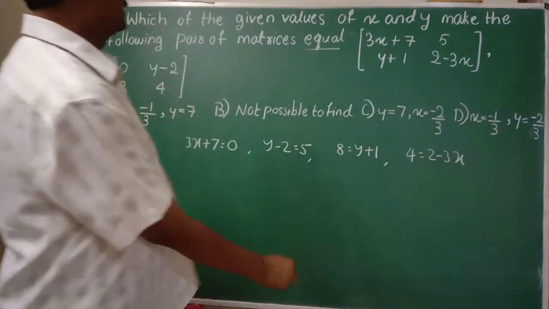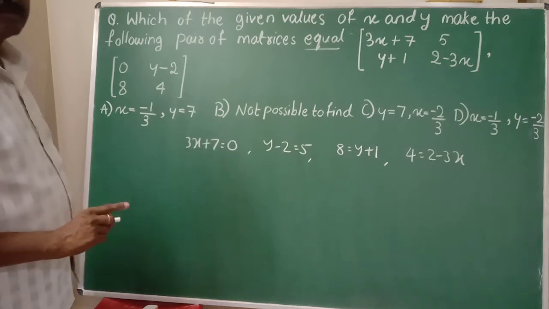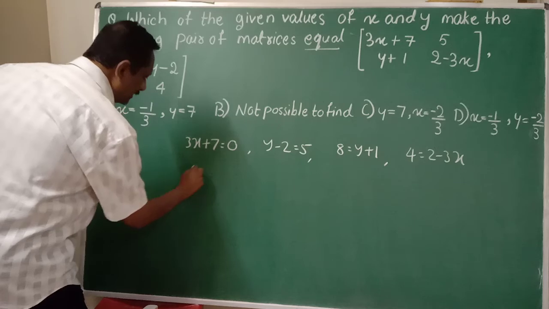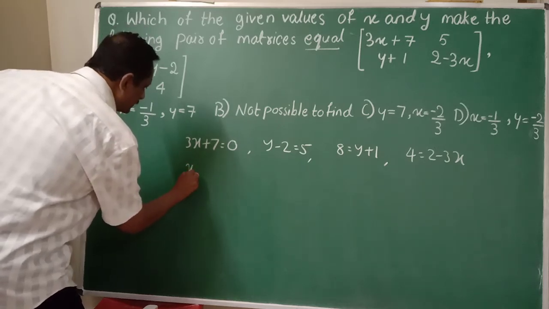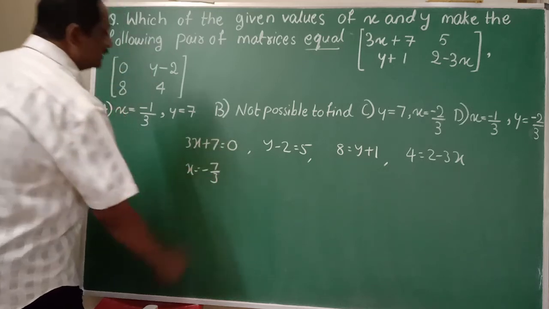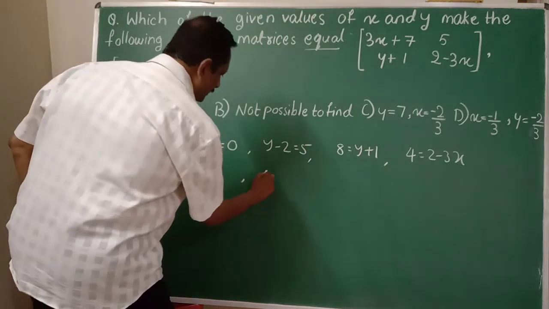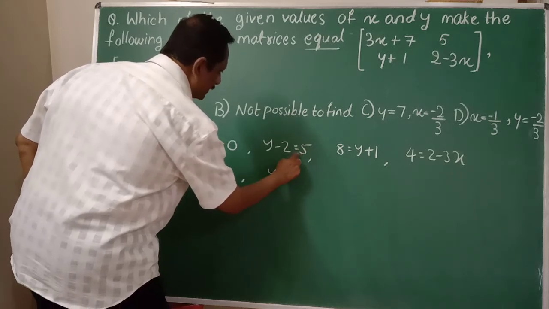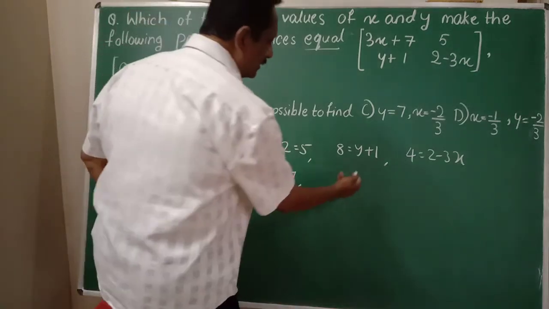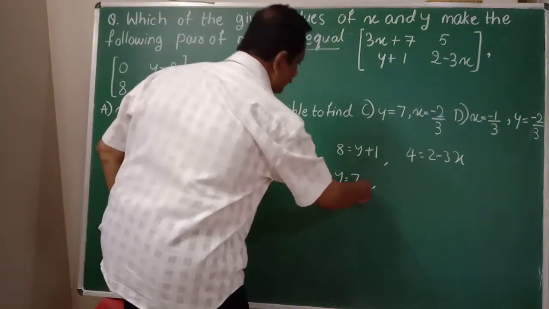These are equal matrices, as the corresponding elements are equal. Take 7 to the right side, minus 7, and cross multiply. We get x is equal to minus 7 divided by 3. And here take it to that side, y is equal to 5 plus 2 becomes 7. Take 1 to the left side, 8 minus 1 is 7, so y is equal to 7.